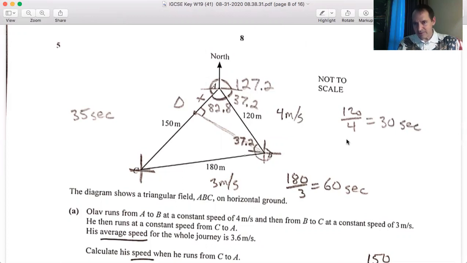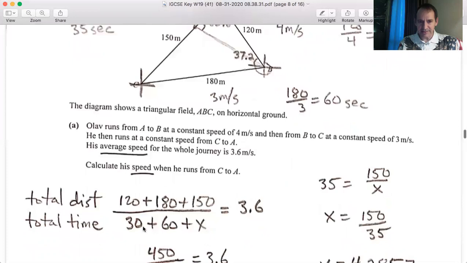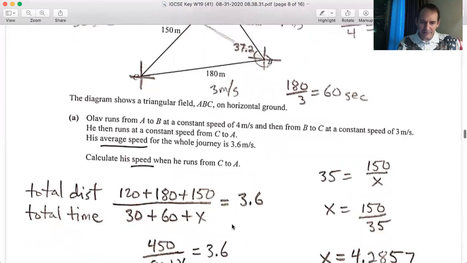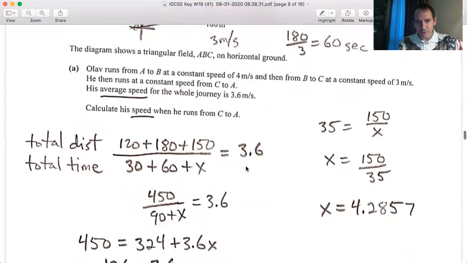So 120 divided by 4 would be 30 seconds. And then 180 divided by 3 is 60 seconds. And then we're going to put an X here for the number of seconds that it takes to do this third section. And the total average speed is 3.6.